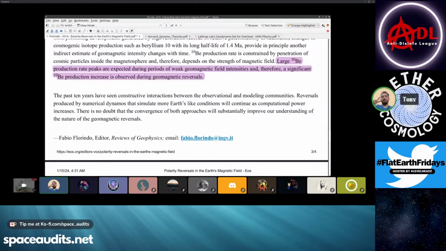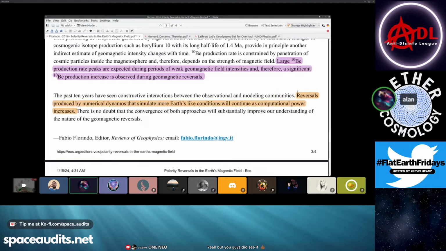The past 10 years have seen constructive interactions between the observational modeling communities. Reversals produced by numerical dynamos that simulate more Earths-like conditions will continue as computational power increases. Ain't that the truth?